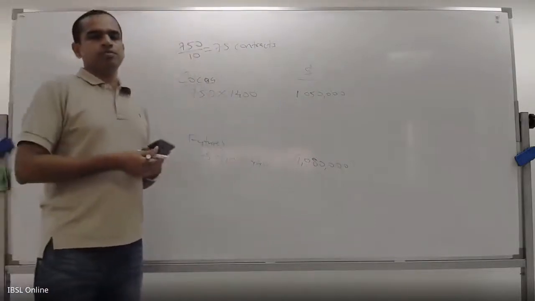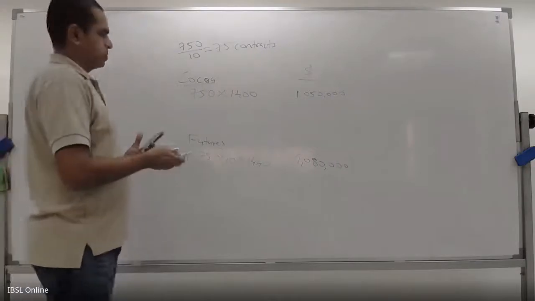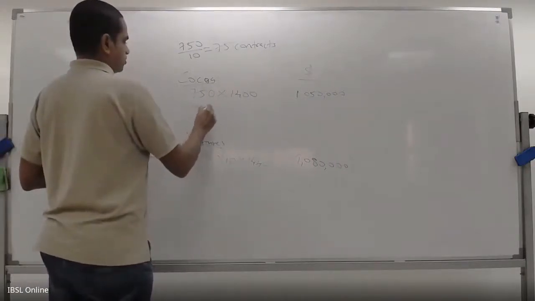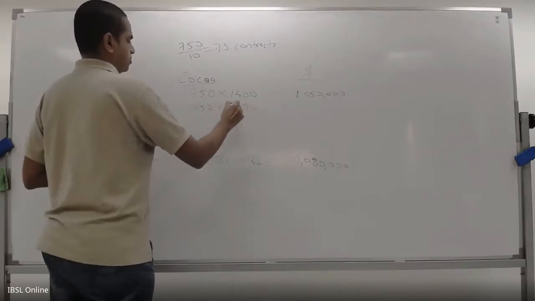Oh, the next month, the price of cocoa increases. So the price of cocoa has gone up to 2,409.